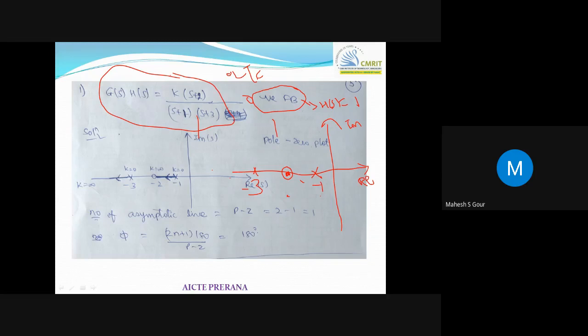See, if I am checking this area from -2 to -1, how many zeros and poles are there? Can I count? Only this is visible, correct? So totally one pole is present.